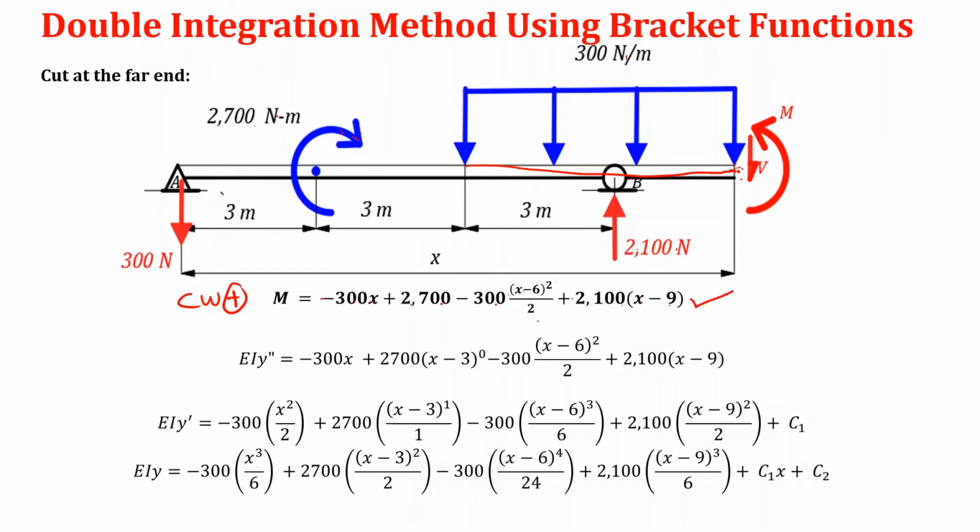Okay ha? Karon, substitute na nato sa EIY double prime equal to M. Okay, copy lang. Negative 300x. Okay, kaning 2,700 kay couple man ni siya para continuous ang atong function, multiplyan nato na siya moment arm. Unsa ang moment arm ni 27 about the cut?